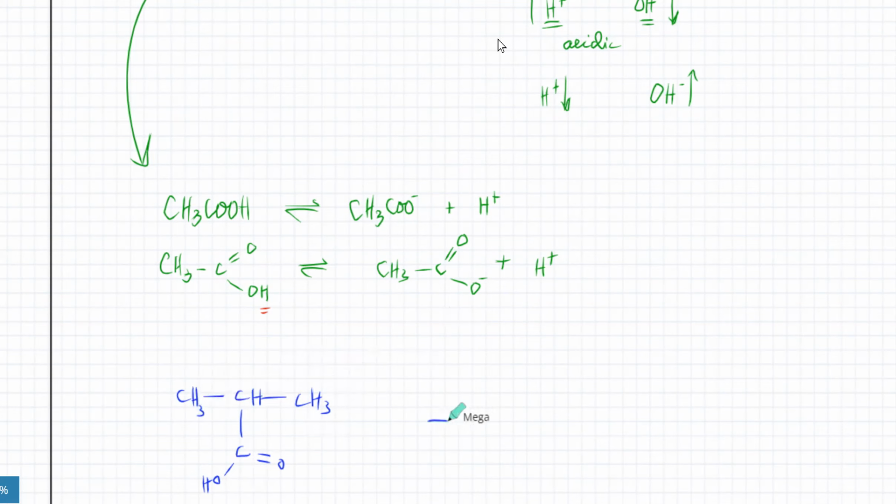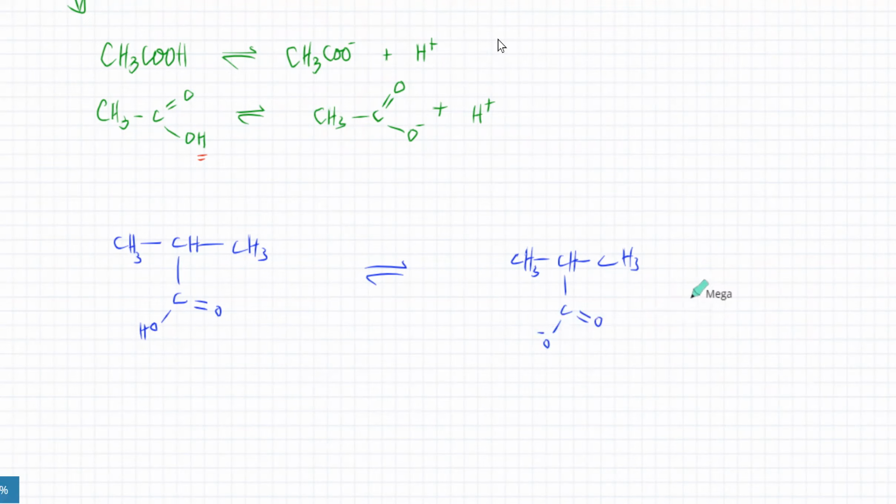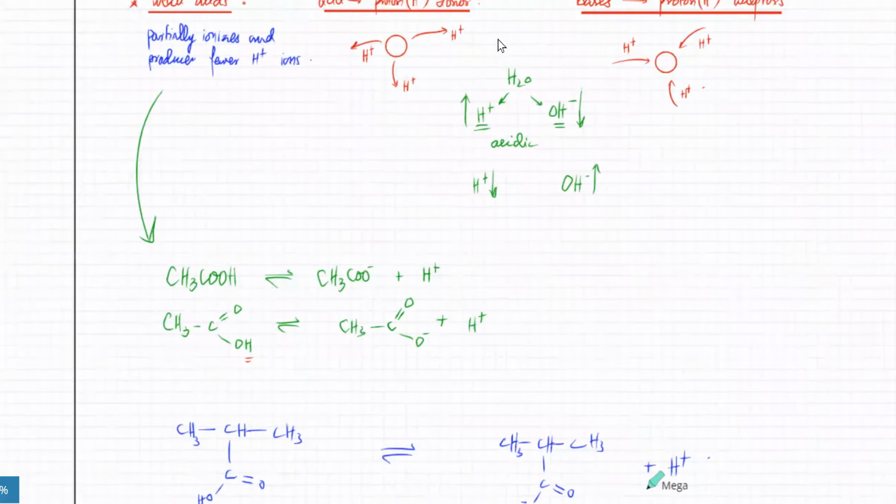So let's ionize this as well. Reversible. The H on the OH next to the double bond O, this becomes O minus and the H plus breaks off. So that is how this particle is producing H plus ions, but it's not going to produce a lot of H plus ions.